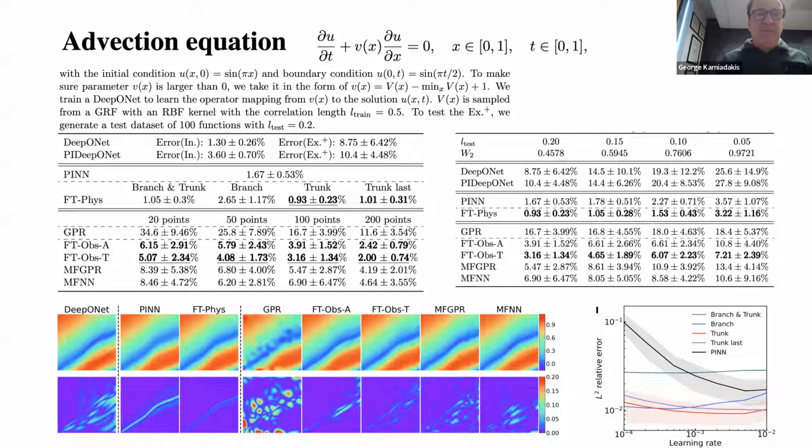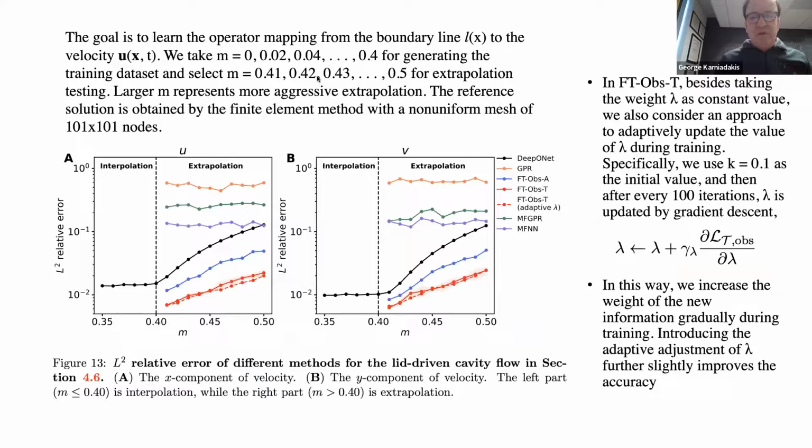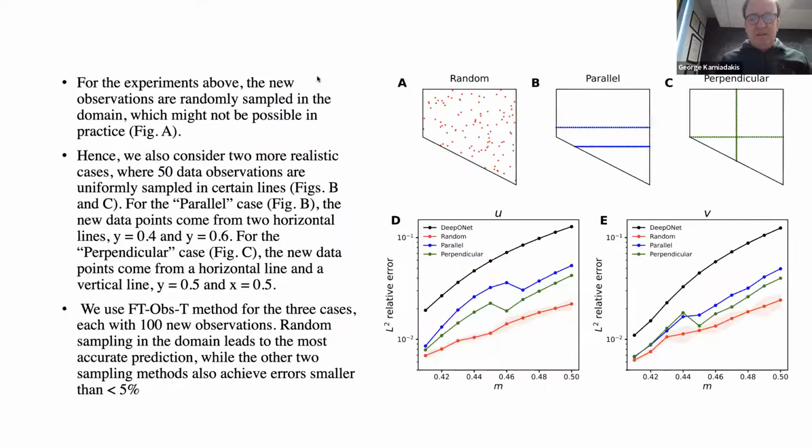In the last plot, Min, when you have the error versus M, you could also compute the error versus the W2 distance. Yes. I think this is not exactly the same as the previous examples because this is not from a kernel.